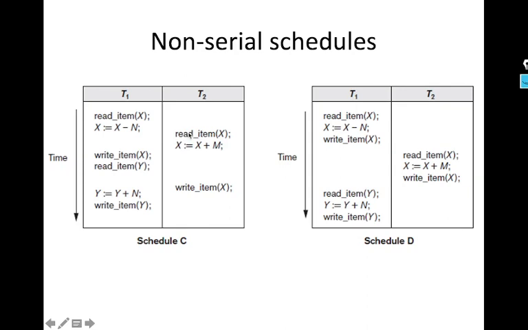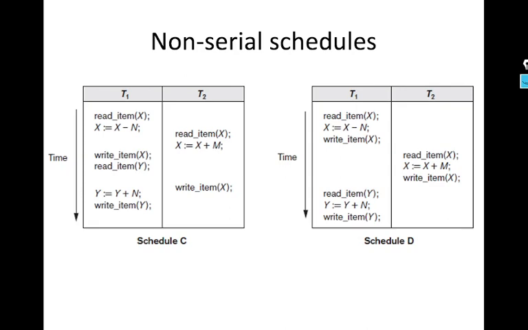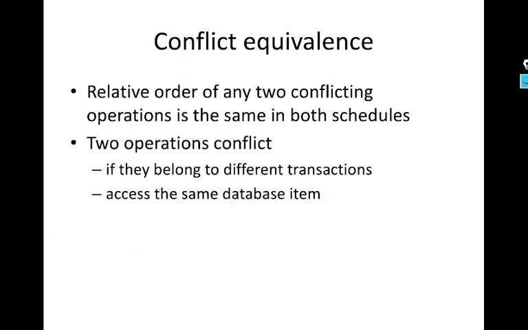So T2's read comes first, and after that we have to check whether T1's write is coming. If we check, this is not equivalent. Then here also it is not correct. So we can say schedule C is not equivalent to serial schedule A or B. So that is a conflict equivalent schedule.